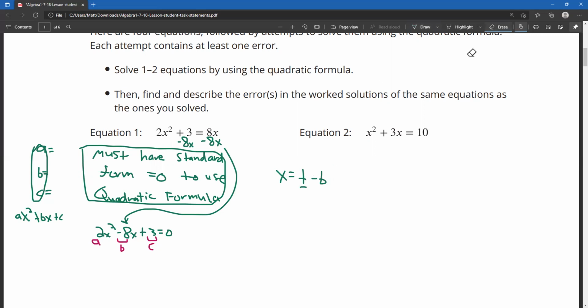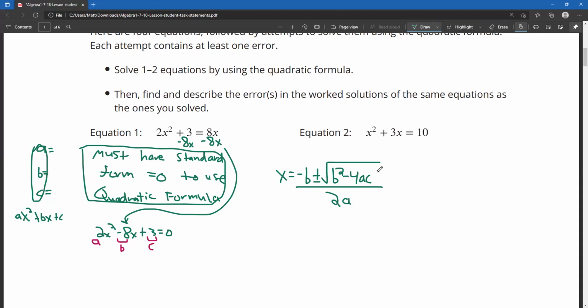That is not even close. What am I doing? Let's try that again. x equals negative b plus or minus the square root of b squared minus 4ac, divide the whole thing by 2 times a.